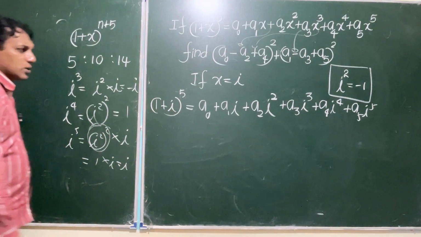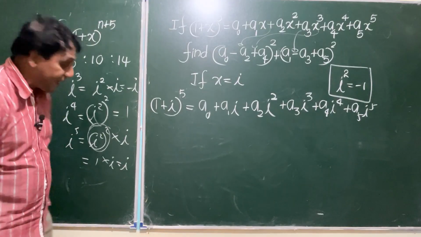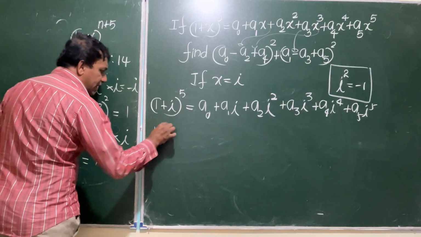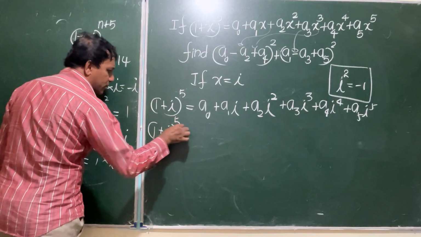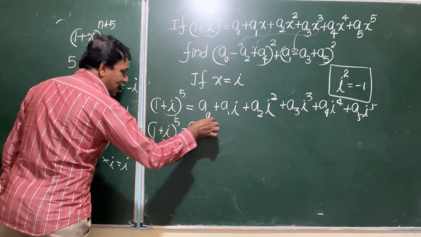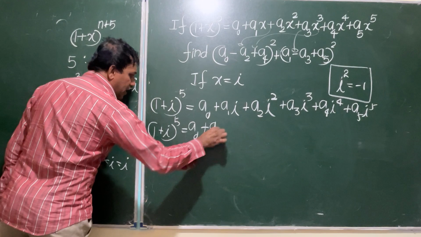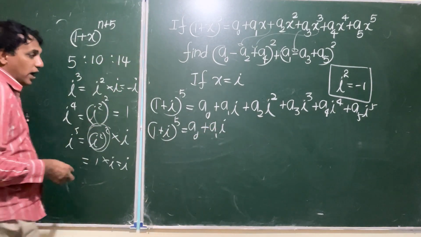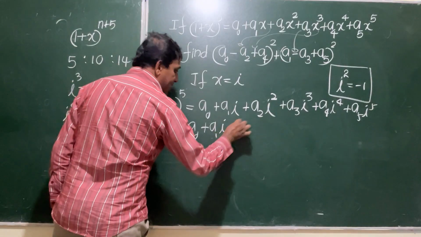Okay, so can I substitute these numbers? (1 plus I) to the power 5 equals a naught plus a1 I. What is I square? Minus 1, therefore minus a2.